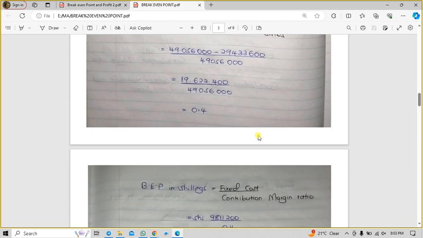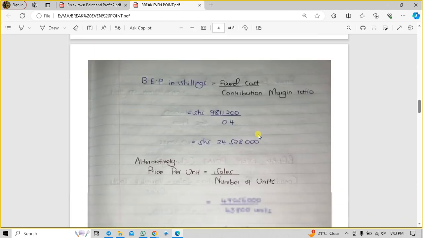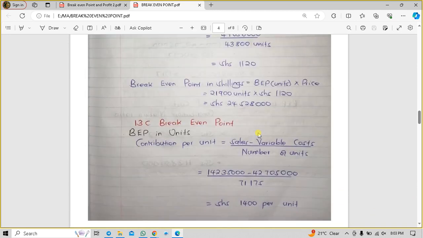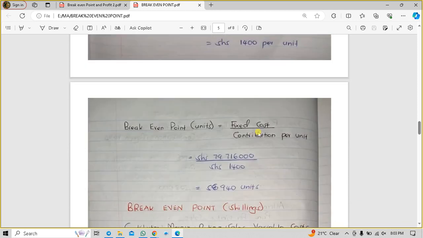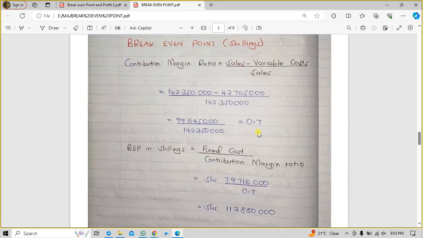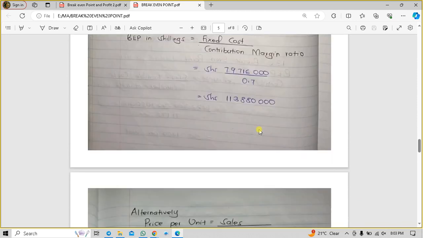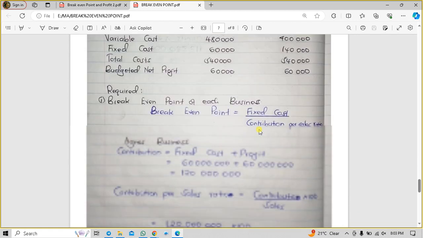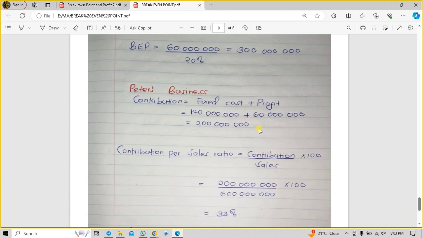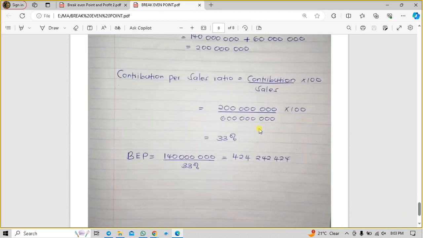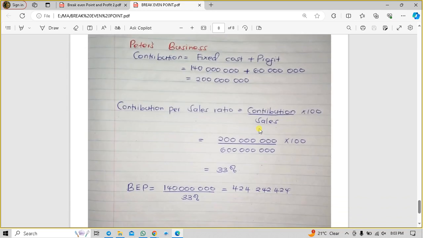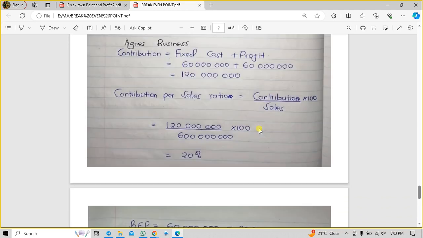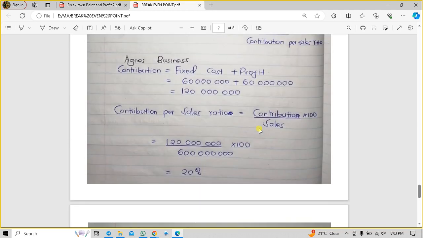So we have several formulas. There's break-even. Let me show you. So we also have another formula. Break-even point per sales ratio is what I'm looking for.